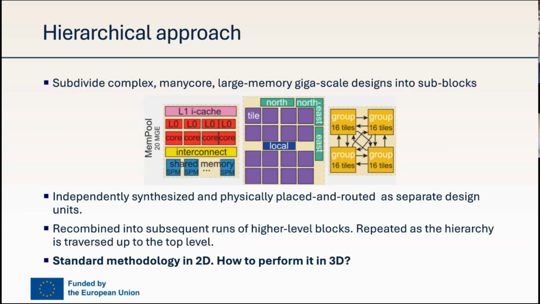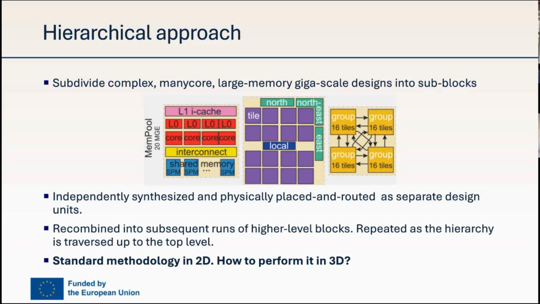Let me start with one short motivation. Let's consider that we want to implement a complex system, like for example, the MemPool. MemPool is composed in one of the configurations by 4 groups of 16 tiles.